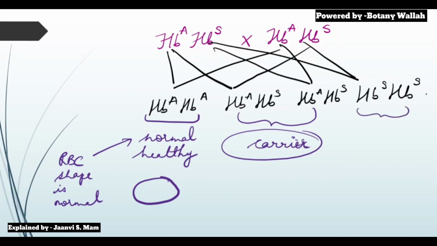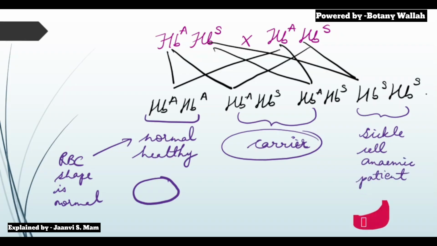Then if we consider this, this will be a sickle cell anemic patient. What will happen? Its RBC will be moon shaped. If the RBC is like this, then what will happen? The amount of O2, means hemoglobin here, will be reduced. Obviously hemoglobin will be less, space is less.